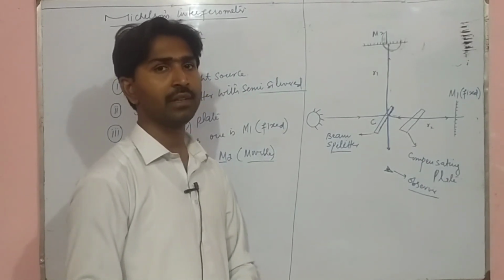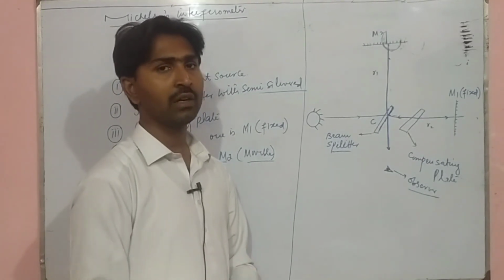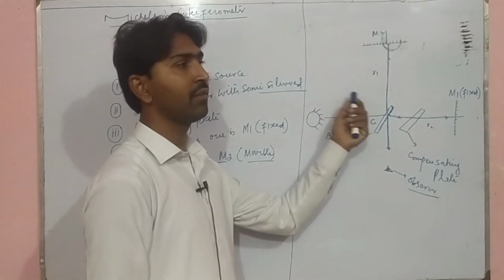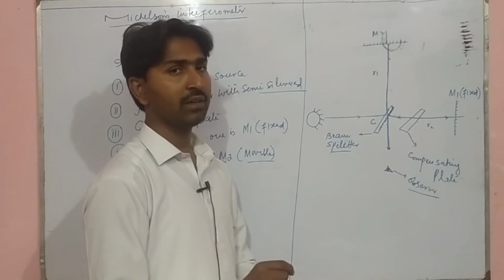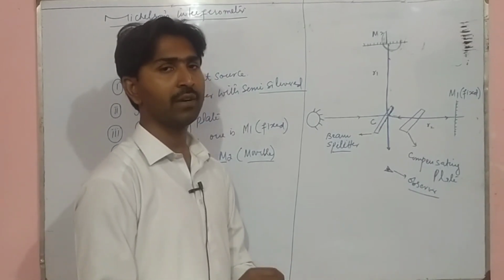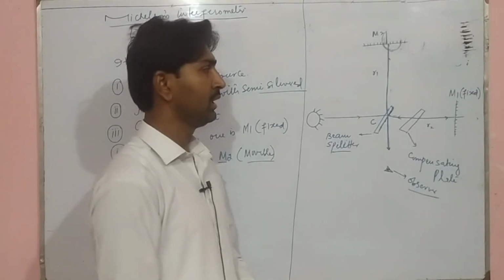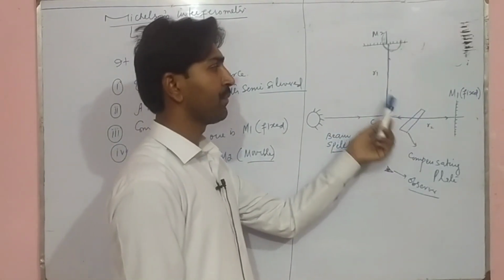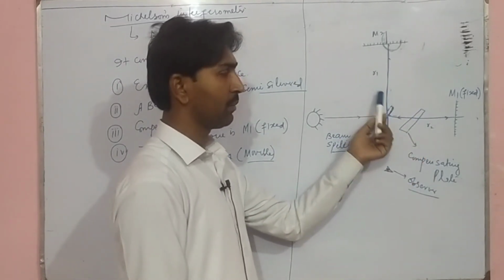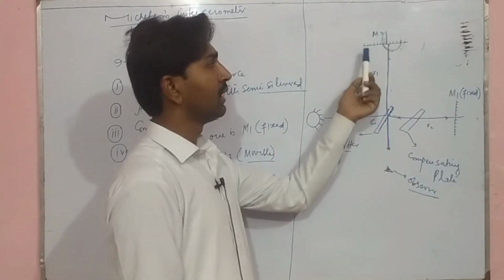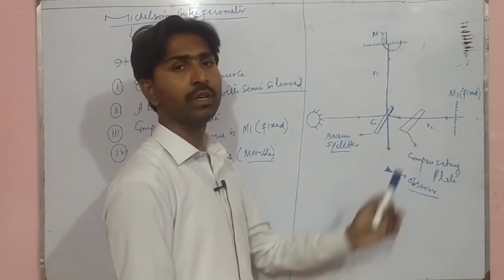As we have obtained the interference behavior in YDS, the same pattern will be formed, but what is the condition? Michelson's interferometer behaves like YDS only when the path difference is the same, R1 and R2 must be the same, and the mirrors are perpendicular to each other.